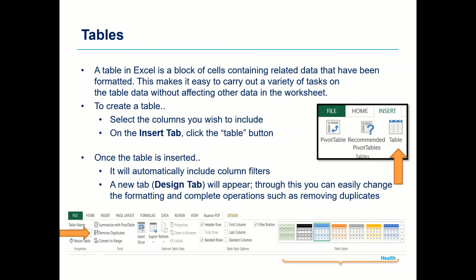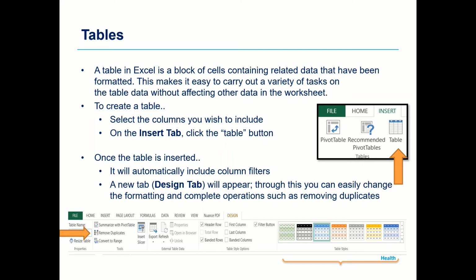Okay, we'll talk a little about tables now. A table in Excel is a block of cells containing related data that have been formatted. It makes it easy to carry out tasks when the table is formatted properly without affecting other data in a worksheet. So basically, to create a table, select the columns you wish to include.